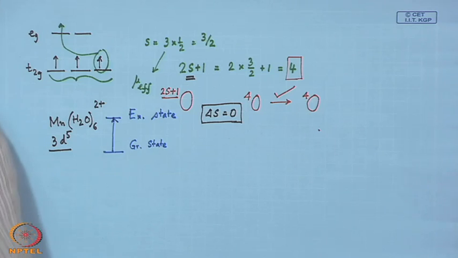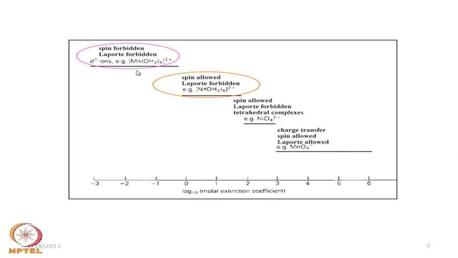In case of this compound, manganese hexaaqua 2+, it is very weak in intensity and very lightly colored, because the upper available electronic level will have a different spin multiplicity, and since it is a d-d transition, we can consider it as both spin forbidden as well as Laporte forbidden.